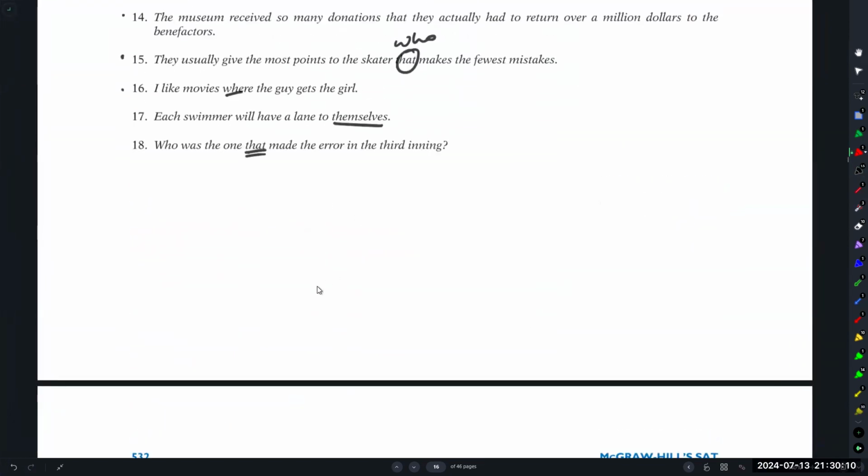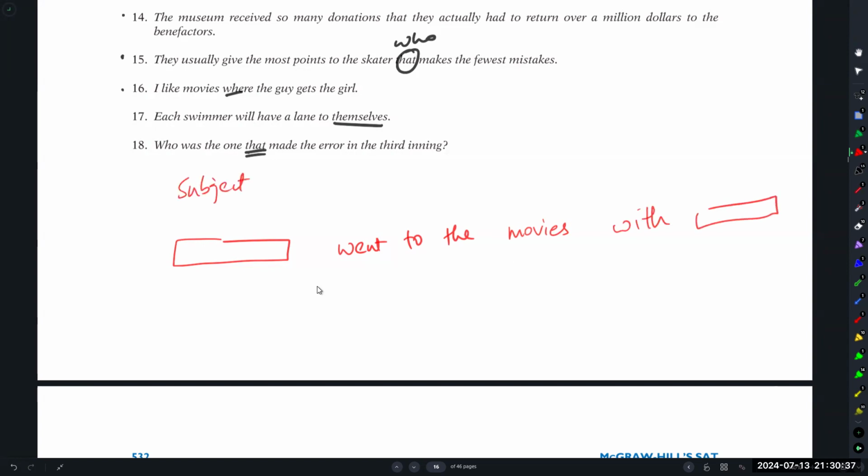Well, if you say, "Blank went to the game or movies with blank," whatever pronoun can come in the first blank is a subject case pronoun, and whatever can come in the second blank is the object case pronoun.